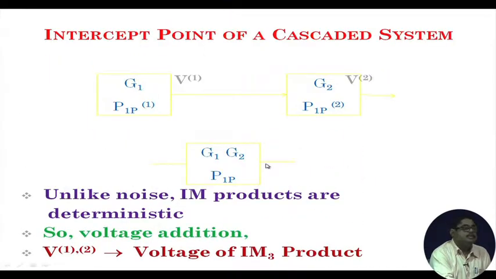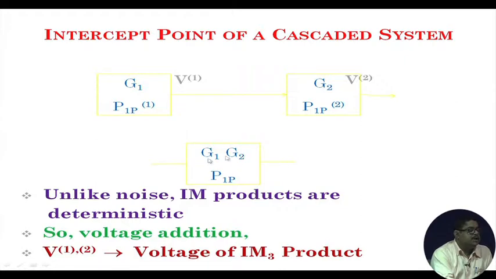Also, you see that if I have a cascaded system, two amplifiers or one amplifier, one mixer, etc., and they are cascaded. Let the first system have gain G1 and intercept point PIP1, and the second have gain G2 and intercept point PIP2.